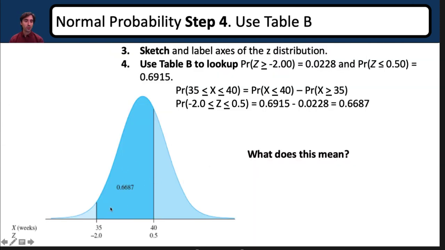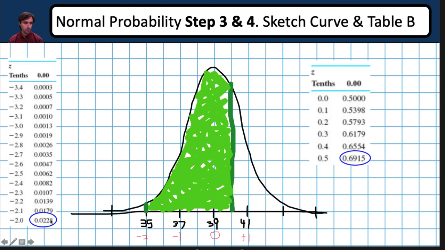So how do we find this out? We found that this little area right here comes from this number. So 2.2% of individuals have children less than 35 weeks. That's what this fill-in is.